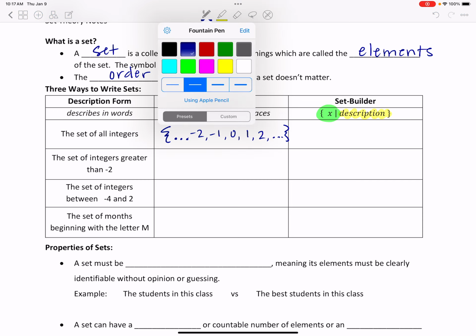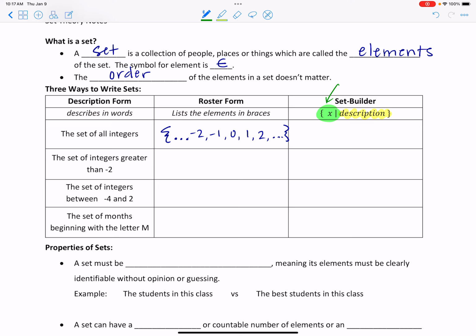So when I'm reading this, this is going to be the set of all x's such that. So all x's such that is how we read that first part of the notation, and then here is going to be the criteria that's true. All x's such that some criteria.